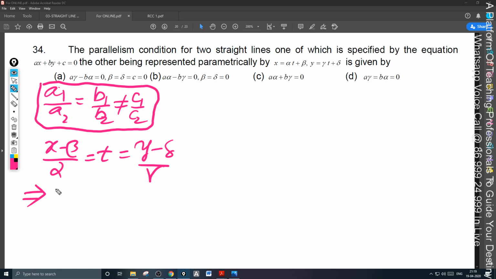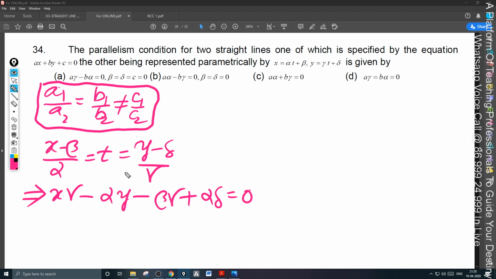Equate these two, that's it. x gamma minus beta gamma, I am writing directly, minus alpha y plus alpha delta is equal to 0. Just check it out please.